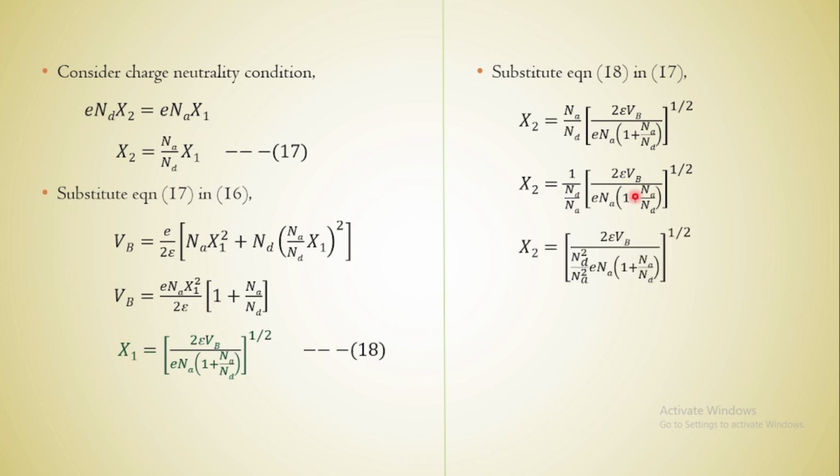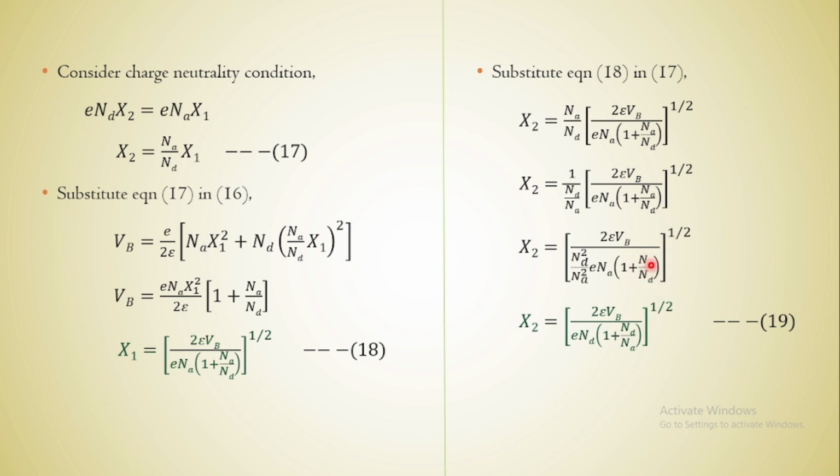So as there is a square root, this term is going to get squared when it goes inside, and clearly we can observe that one Na is going to cancel out and we are remaining with Nd square by Na, and when we take 1 Nd by Na within the bracket, we can observe that it will be Nd by Na plus Nd by Na into Na by Nd.